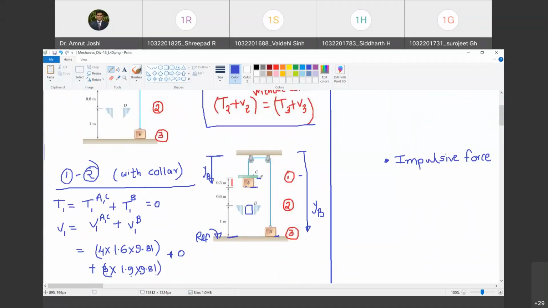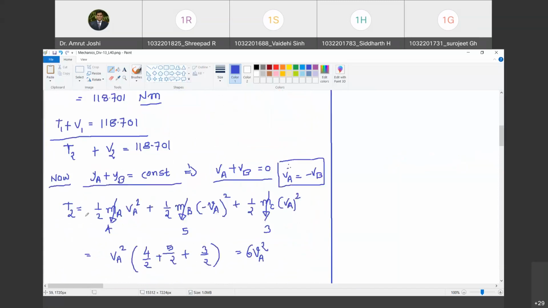So whatever is the velocity of block A, same is the velocity of block C. Therefore, kinetic energy at position number 2 when the collar is about to get detached from block A can be written as this. And I will substitute now the values.